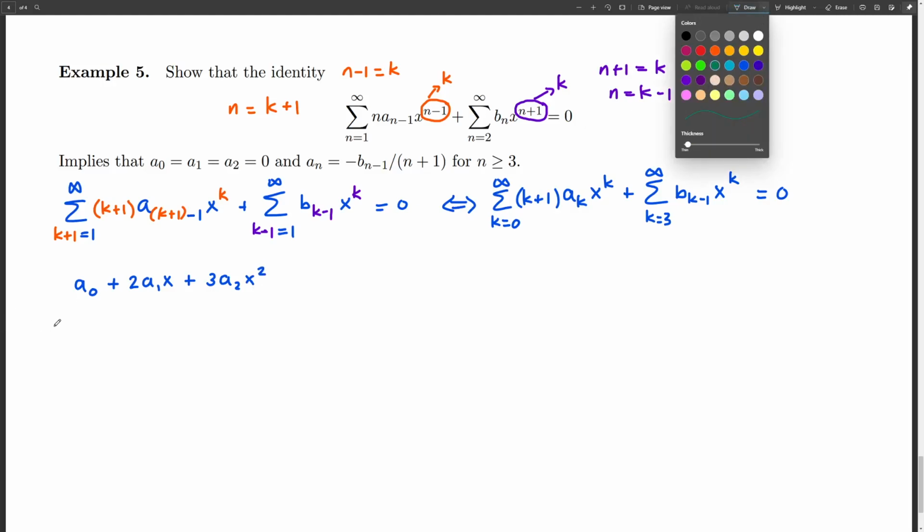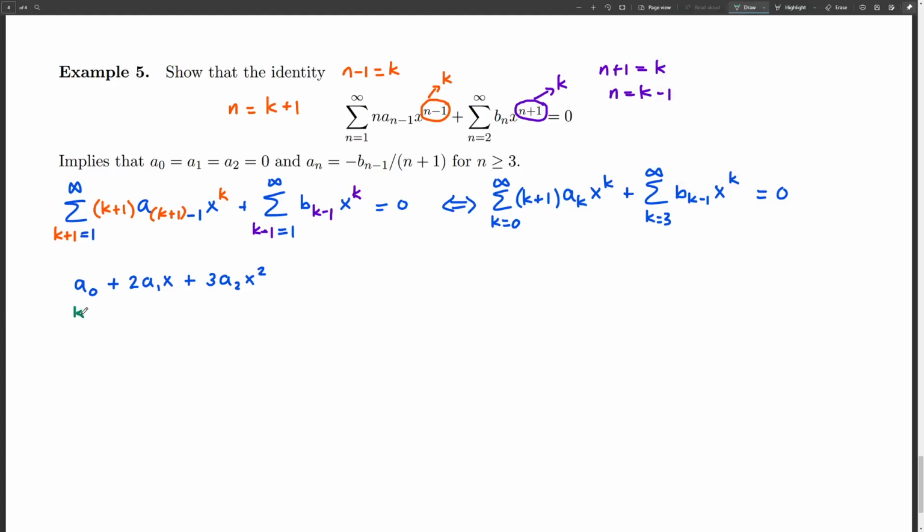So again, this is the first series where k equals 0, k equals 1, and k equals 2.